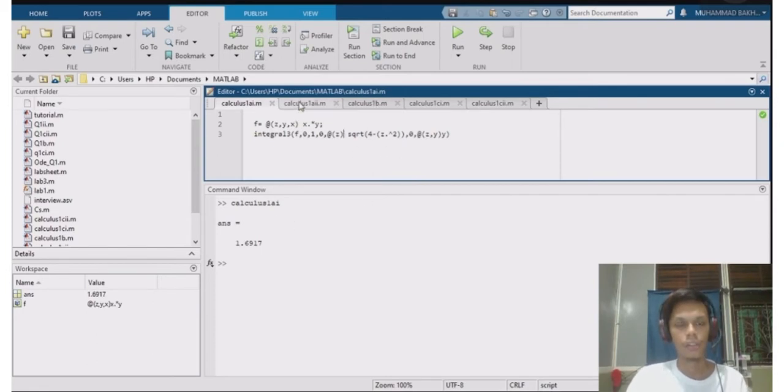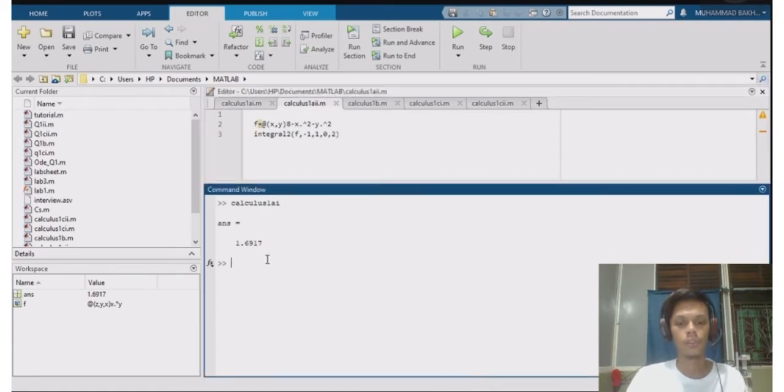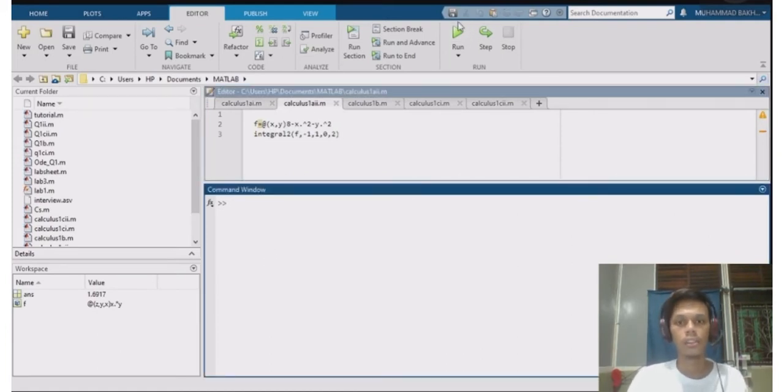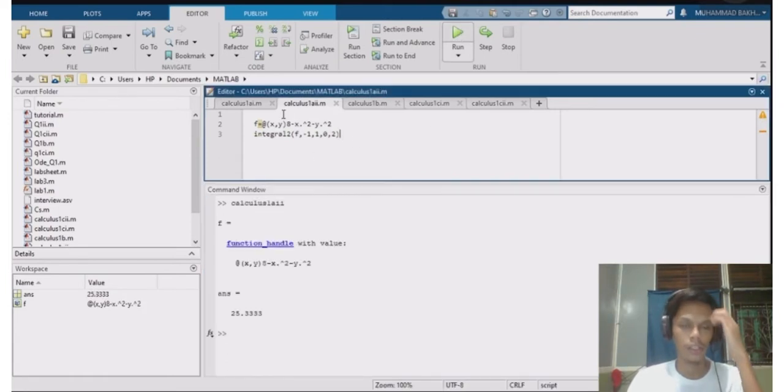So for question AI2, this is the coding to find the answer, and the answer is 25.3333, or 76.3 for my answer in handwriting or manual calculation.